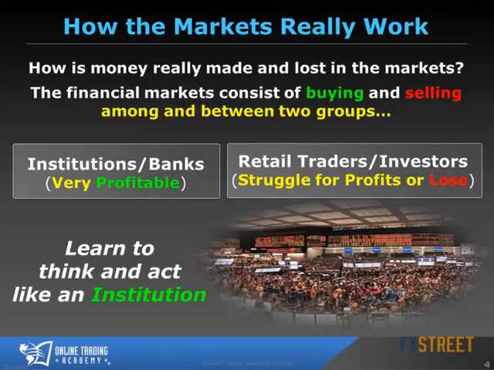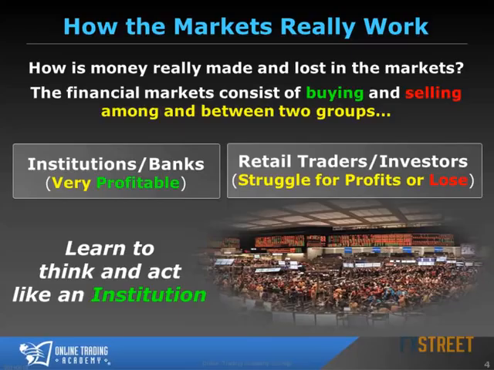What I noticed on the trading floor, where my job was to facilitate institutional order flow, I would take orders every day for banks, institutions, money managers, hedge funds, you name it, and some retail traders. And what really jumped out at me in the beginning and really hooked me into this business was the simple fact that banks and institutions were right in their decision-making process most of the time, and they tended to make quite a bit of money as a whole.